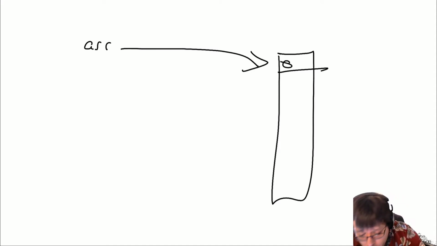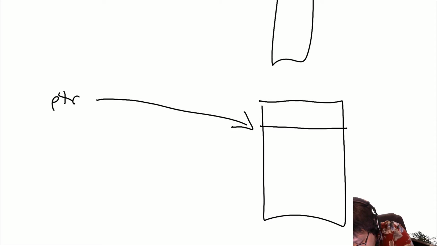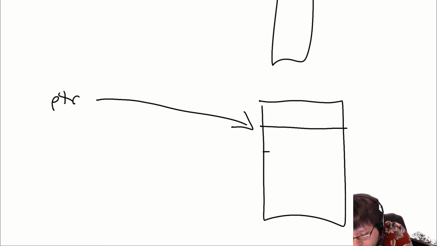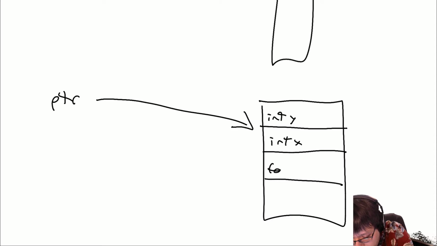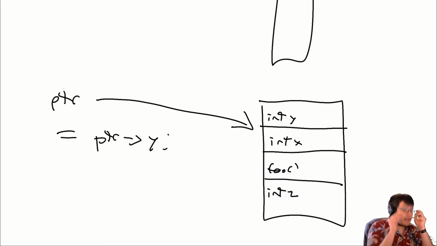Okay. With classes, it works similarly. When you have a class pointer, it's going to be pointing to the first member of your class. So if you have int y, int x, foo, and then int z, PTR is going to be basically the same address as PTR y, and we can prove this by couting it like that.